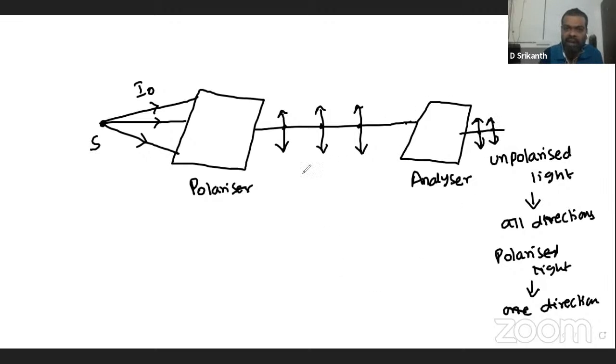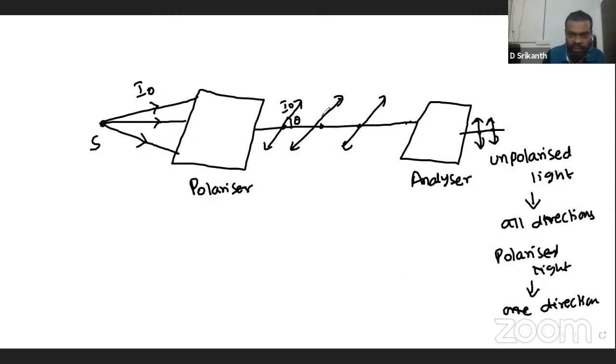Not every time will the polarized light be perpendicular like this. Sometimes we may have it like this, that is, with respect to the axis it makes an angle theta. This is the I naught.